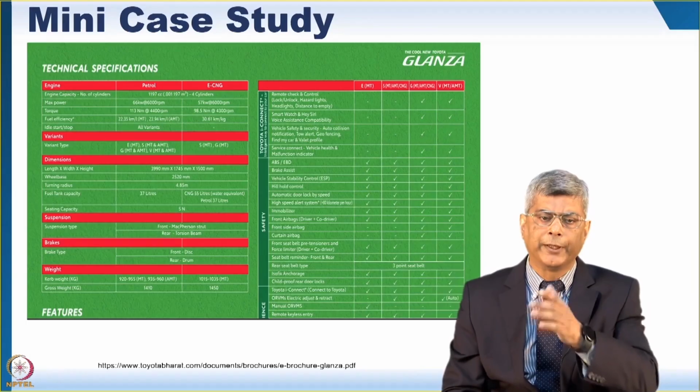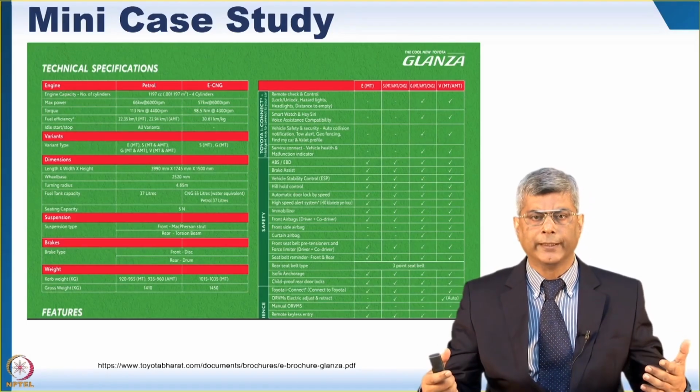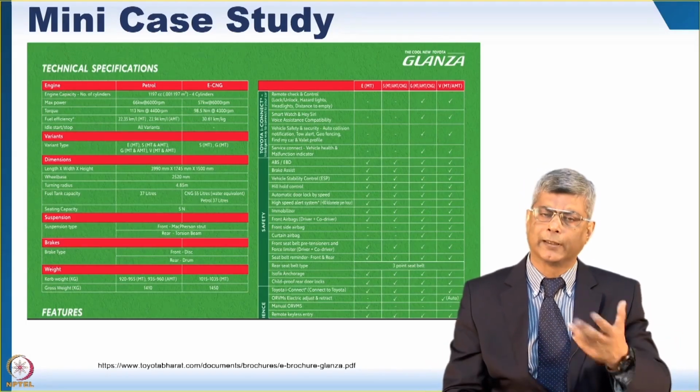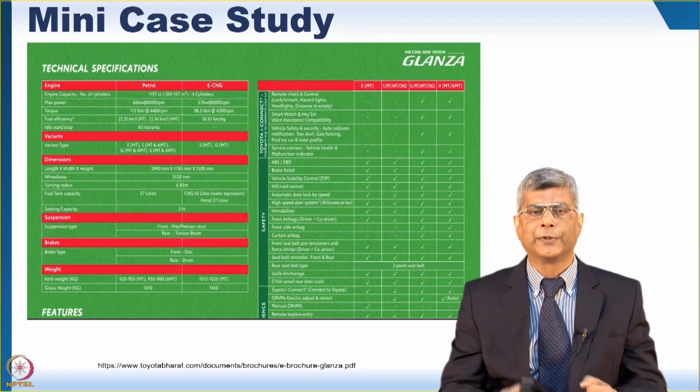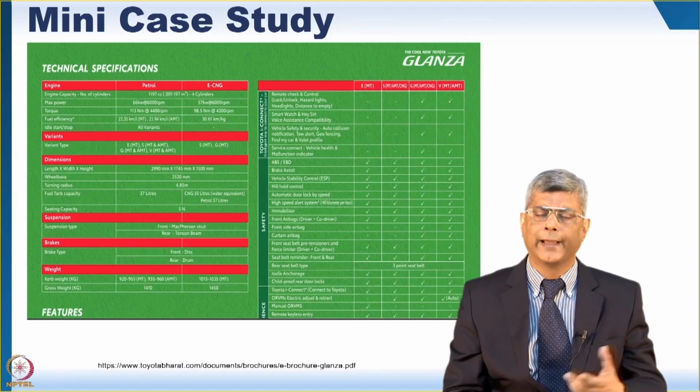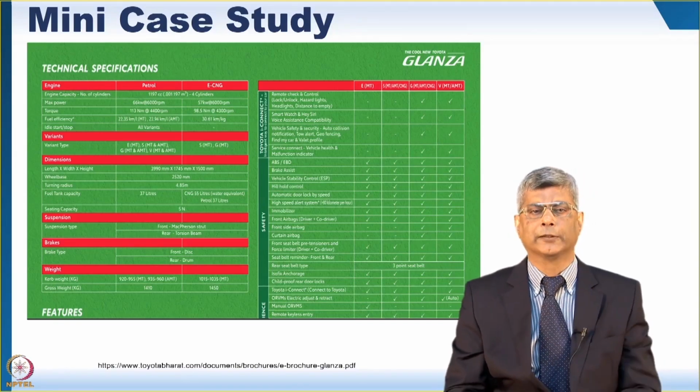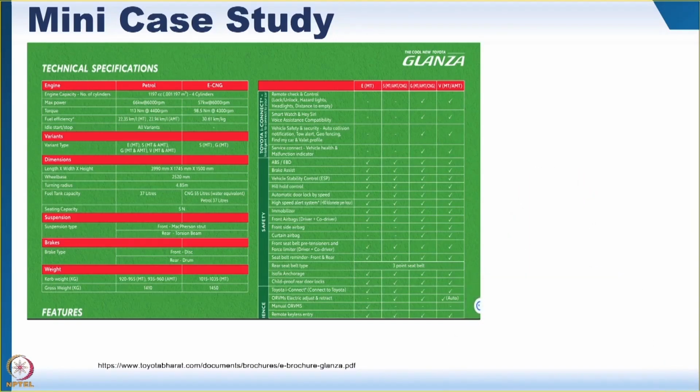So features, you can read it on the screen. The rear seat, how comfortable is it? Is it leather? Is it leatherette? The steering wheel, how comfortable, the sound, the music, the air conditioner. These are all the features. So this is typically about product specification.